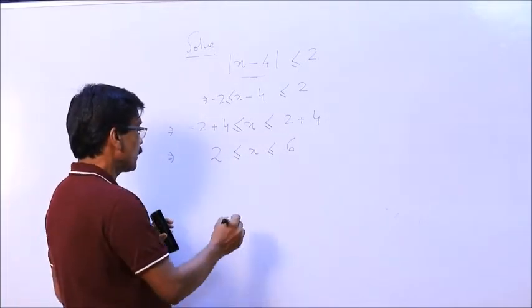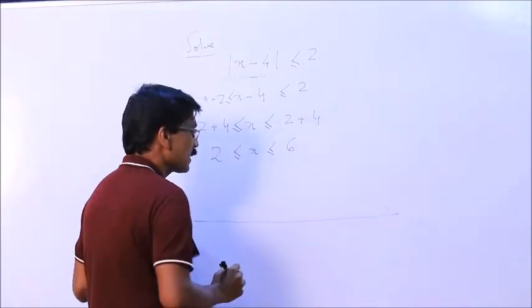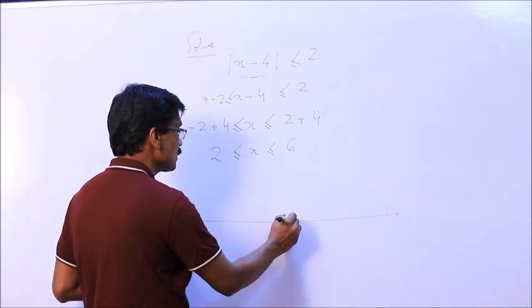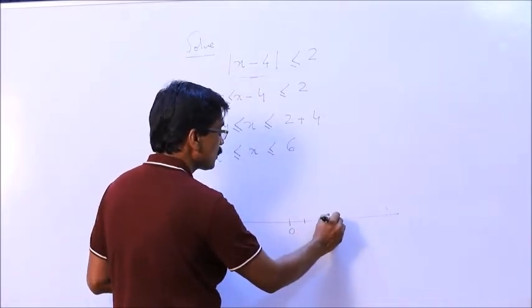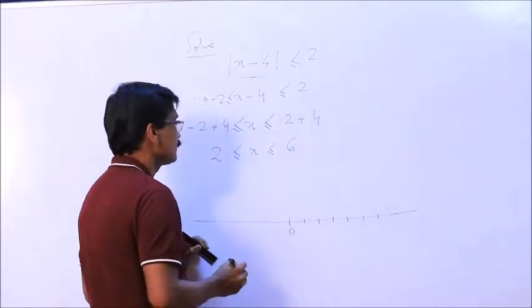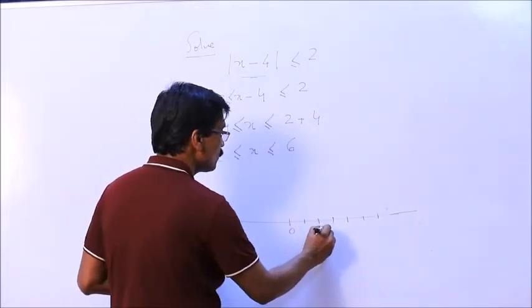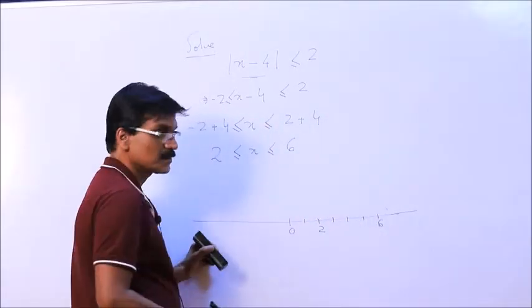So, we can plot this on an axis, with the origin, 1, and take 2 points, that is 2 and 6.